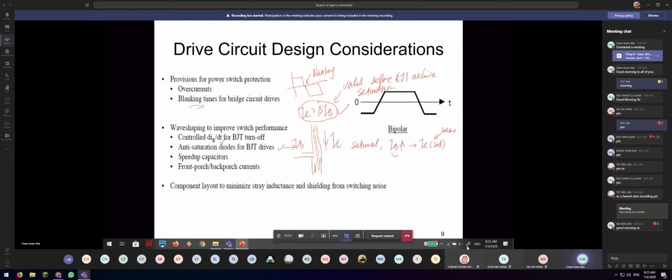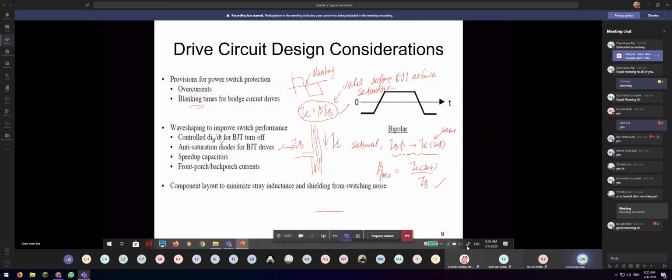Once you achieve saturation, the beta we use at that moment is called forced beta: the IC saturation over IB. Forced beta is applied after saturation.